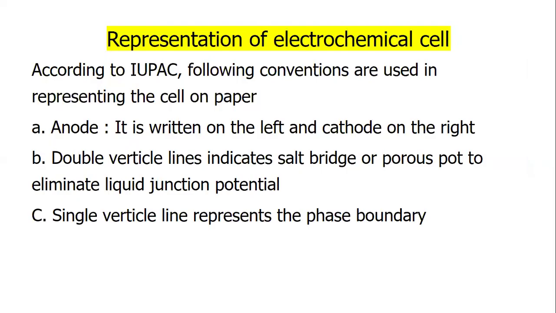Representation of an electrochemical cell according to IUPAC: the following conventions are used in representing the cell on paper. The anode is written on the left and the cathode on the right. Double vertical lines indicate the salt bridge or porous pot used to eliminate liquid junction potential. A single vertical line represents the phase boundary.